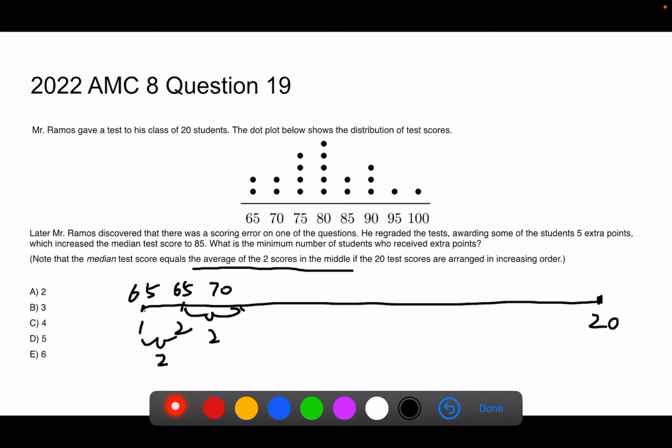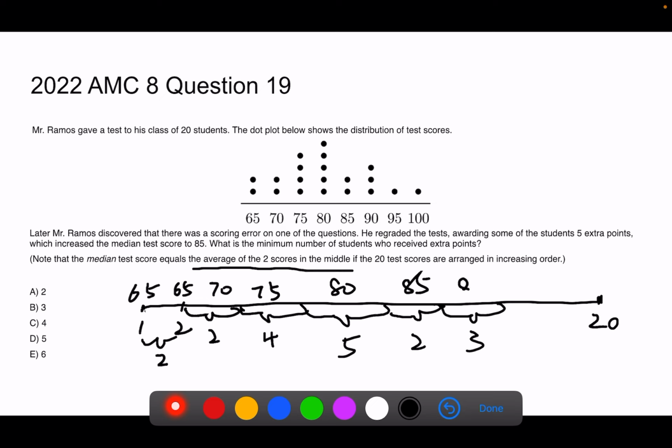Then you have four numbers, 75, five numbers, 80, two numbers, 85, three numbers at 90. Then your 19 is 95, 20 is 100.